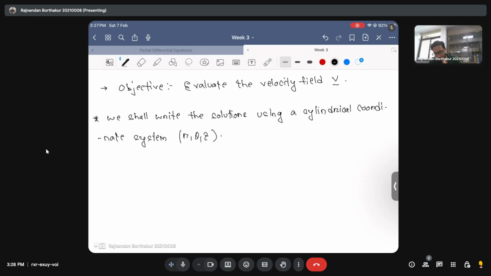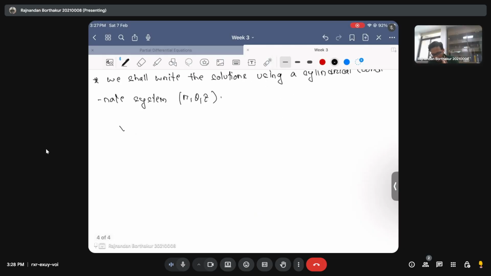Okay. Now, first of all, if I want to write my velocity field here, which of course is a vector, I can write it in cylindrical coordinates as v equal to u_r(r, theta, z) times e_r hat, where these e's are the unit vectors. We have been using this repeatedly. The next component would be u_theta(r, theta, z) times e_theta hat, plus u_z(r, theta, z) times e_z hat.